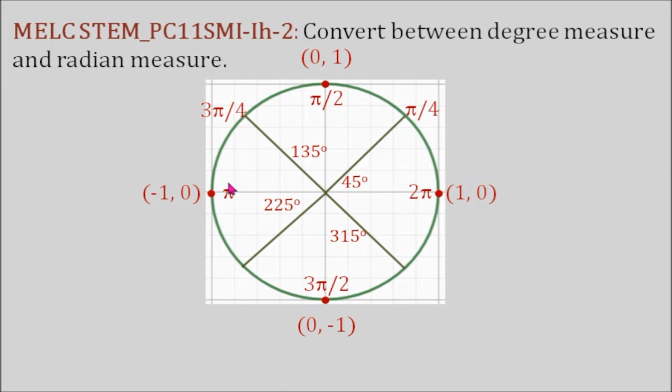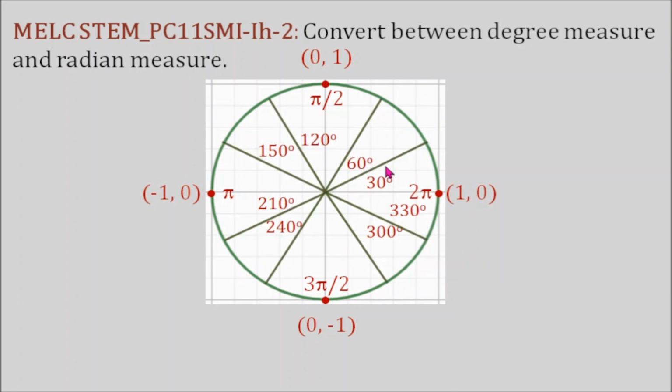And pi plus pi over 4 equals 5 pi over 4. 5 pi over 4 plus pi over 4 is 3 pi over 2. 3 pi over 2 plus pi over 4 equals 7 pi over 4.